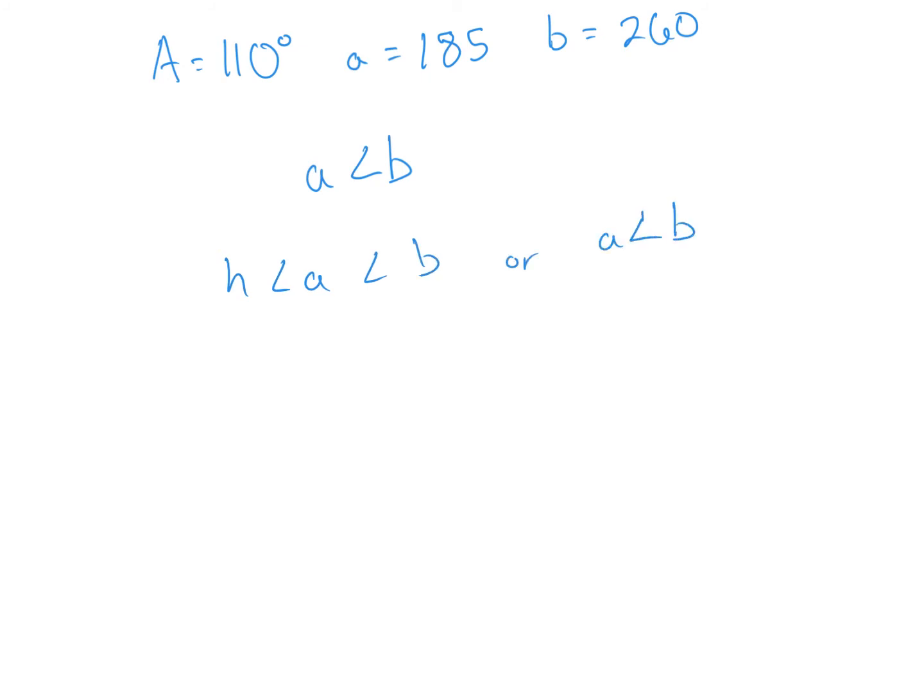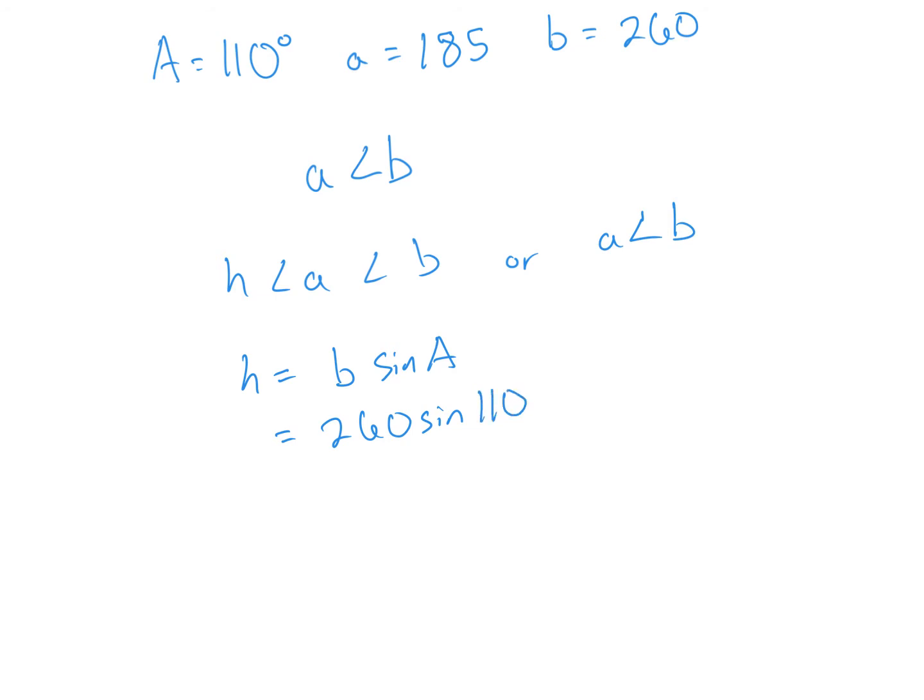If it is less than H, I'm going to find H now. And if it's less than H, then there are 0 possible answers. So I'm going to check that H, once again, is B times sine of A, which is 260 times sine of A, which is 110 degrees. So let me erase this A here. It's 110 degrees.